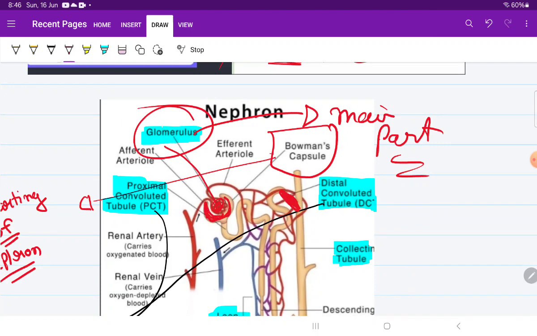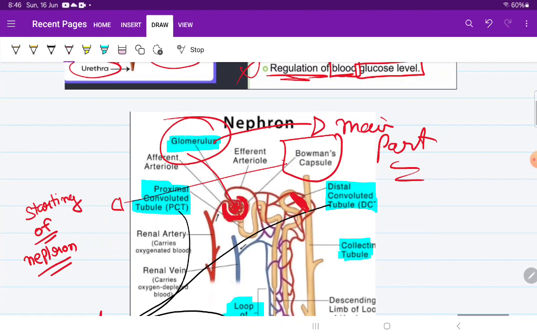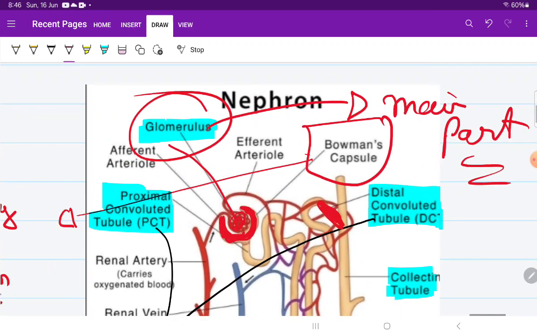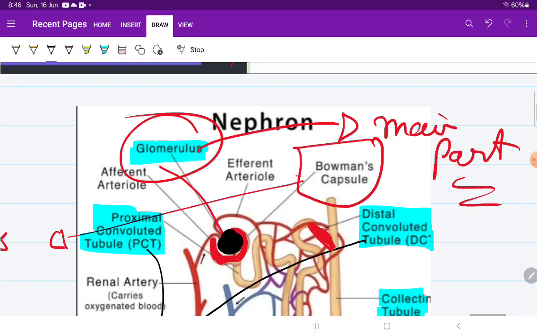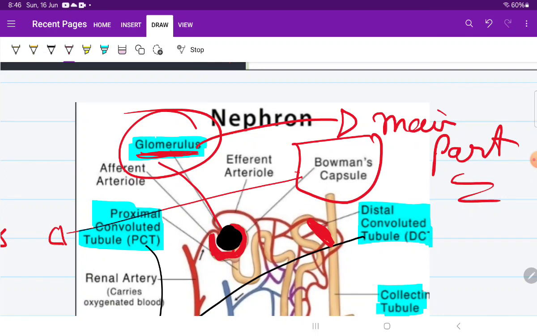Okay, I am marking it, the Bowman capsule. The U-shaped double-walled Bowman capsule is there. There are a lot of capillaries. I am writing in the black pen. These capillaries are known as the glomerulus.